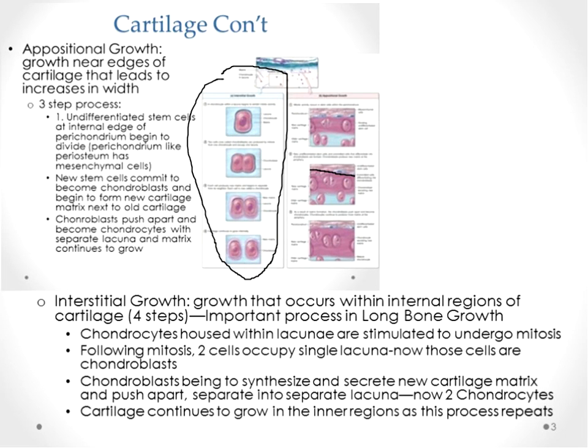Now, interstitial growth is what we see more here. This is how do we get the bones to grow longer. Now, in our long bones, as we ossify, the bone tissue is becoming solid matrix trap cells. So we depend upon the cartilage that remains in our metaepiphysis regions to continue to divide cells, and as the cells divide and they separate from each other, they then lay down more matrix between them.